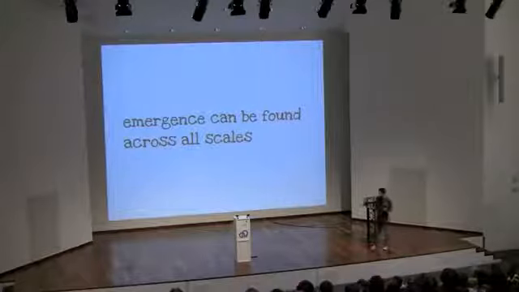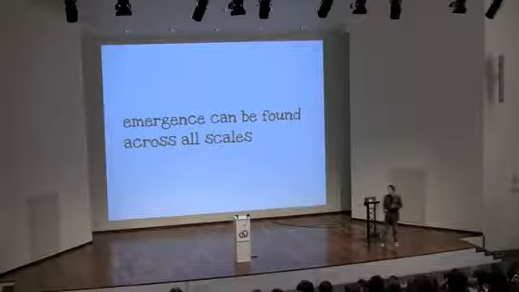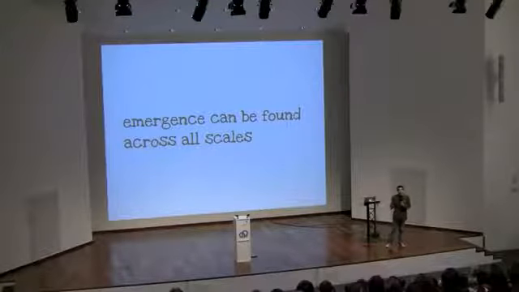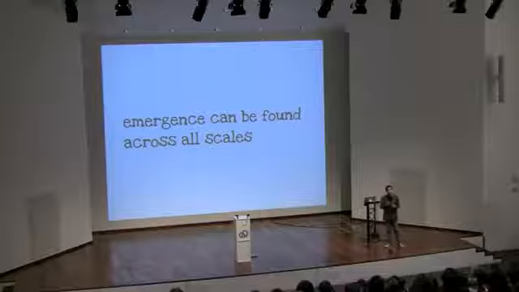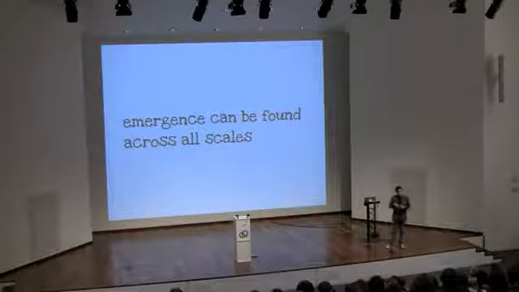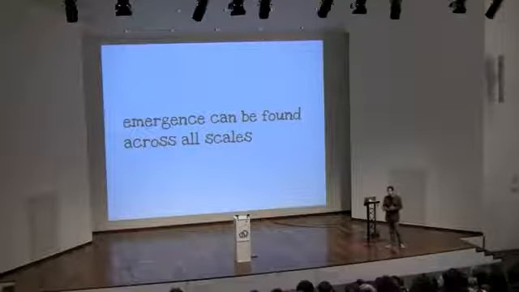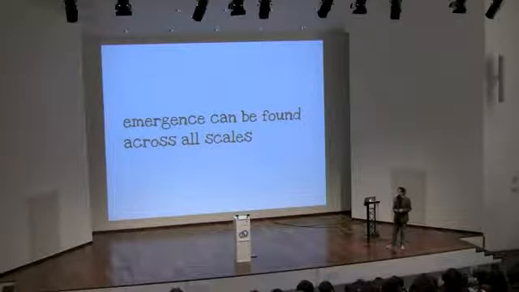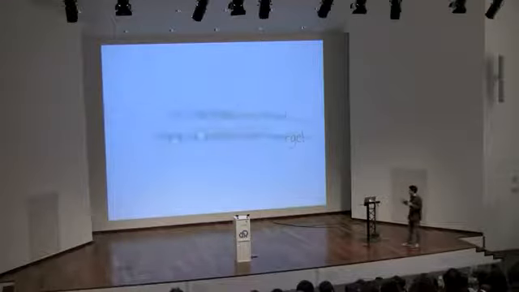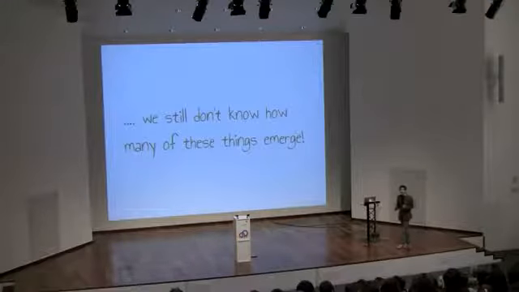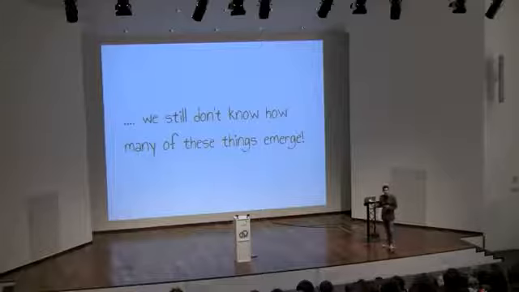So basically we see emergence across all scales. And while it's true that in many of the situations that I described, we can explain the patterns we see on a bigger scale based on the rules and the interactions on the lower scale, there are many things we still don't know. And our current state of the art is that, for example, in terms of how the brain works, we're still in the beginning of these questions.